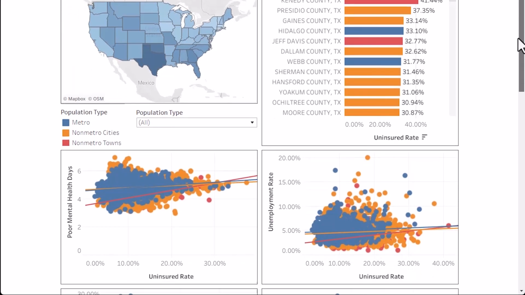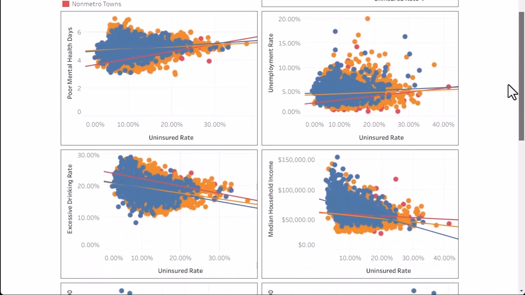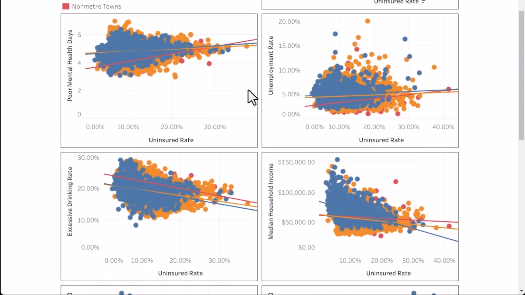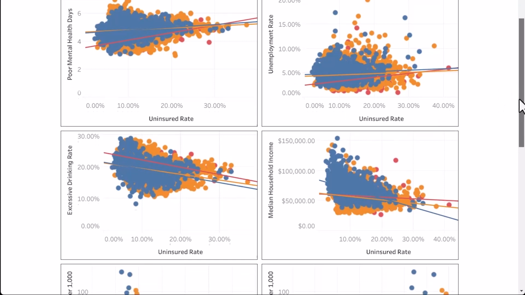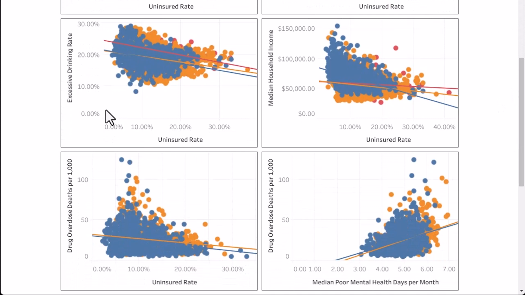Now if we scroll down further, we can see a couple plots here. Here we're looking at the relationship between the uninsured rate and the number of poor mental health days in a month, the uninsured rate versus the unemployment rate, the uninsured rate compared to excessive drinking rate, and the uninsured rate versus the median household income.